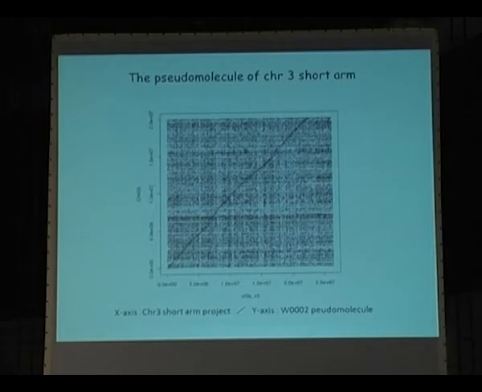The x-axis shows the chromosome 3 CC genome short-arm project, and the y-axis shows our pseudomolecule.